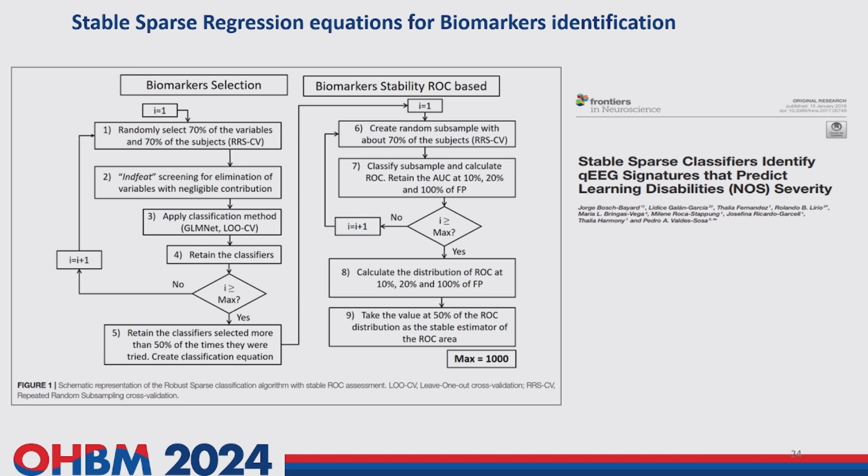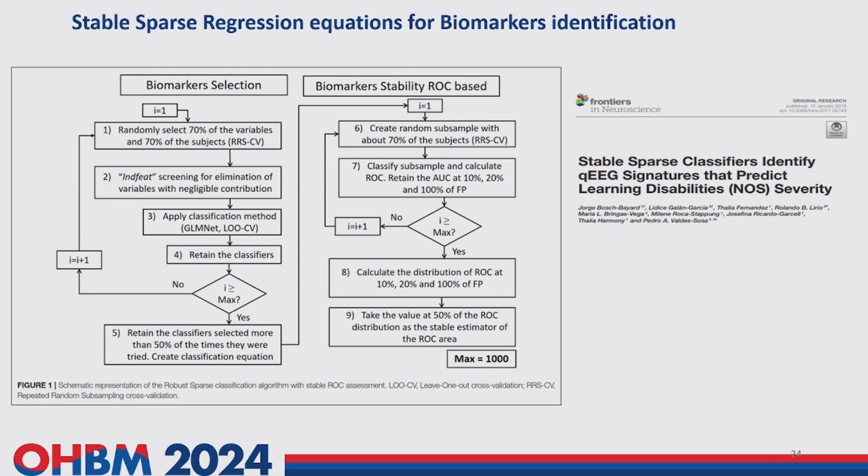It is created using a very robust statistical methodology that uses the elastic net technique to get sparse solutions, so we don't get a biomarker coefficient for all variables in each state.